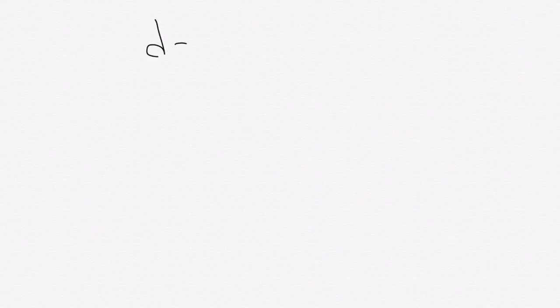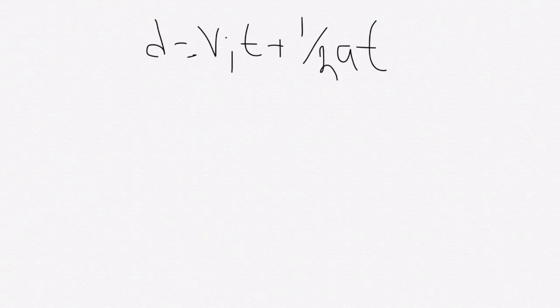d equals velocity initial times time plus 1/2 acceleration times time squared.